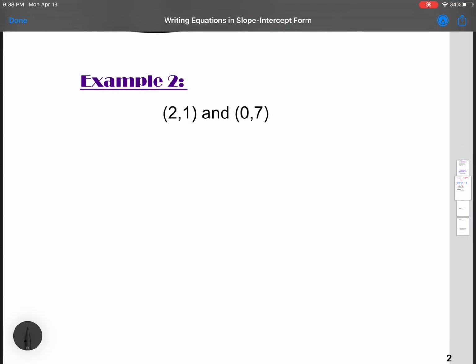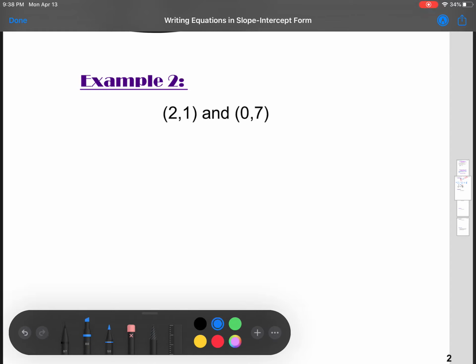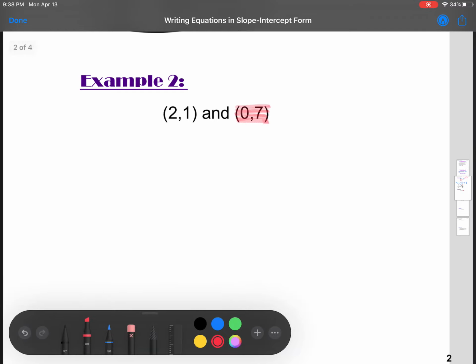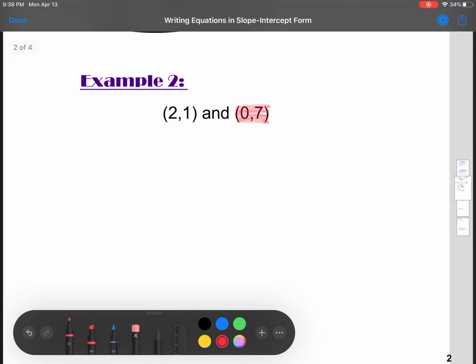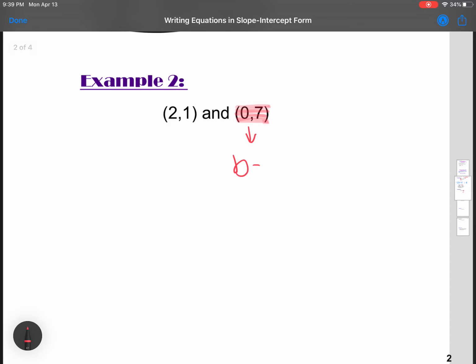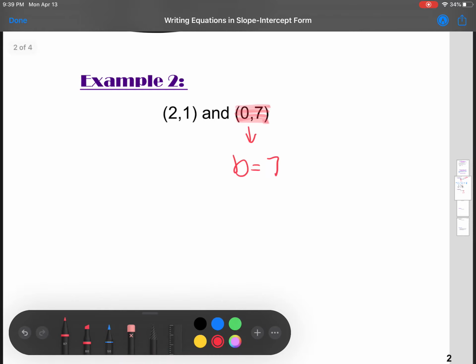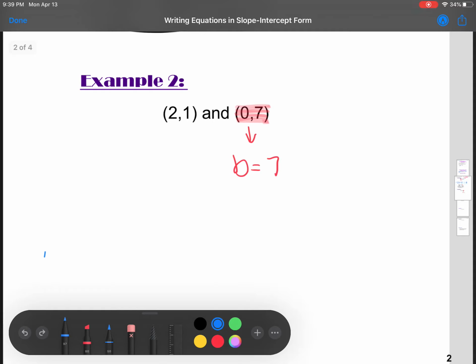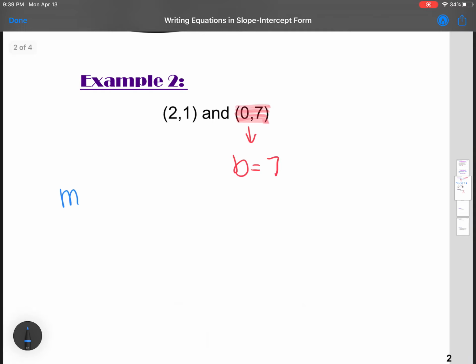All right, so moving down, example 2. I have 2, 1 and 0, 7. Remembering b is 0, y, my b is going to be 7. Now I have to solve for my slope. M equals y2 minus y1 over x2 minus x1.